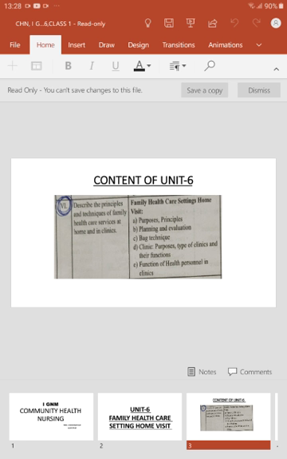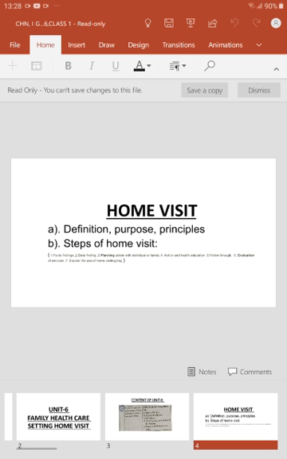In this unit, we'll start with what a home visit is. In a community, home visit is the backbone. As community health nurses, the main function is that first of all, you should go towards the houses. Each home you should visit and collect the data, and after that we give the healthcare services.